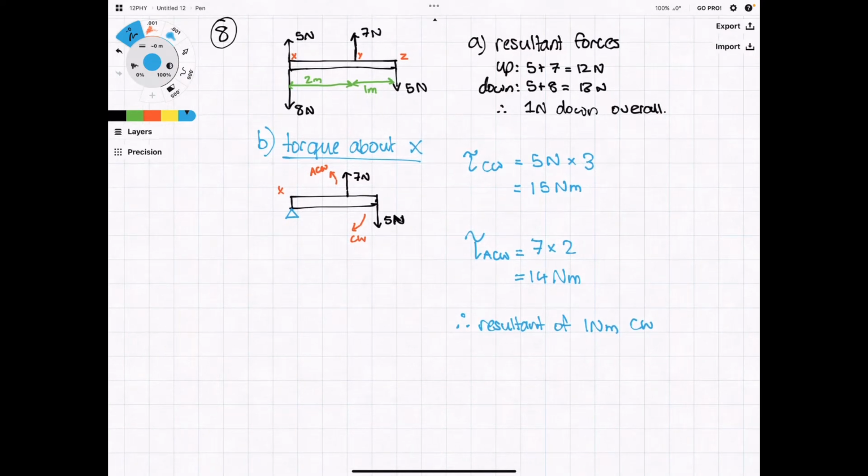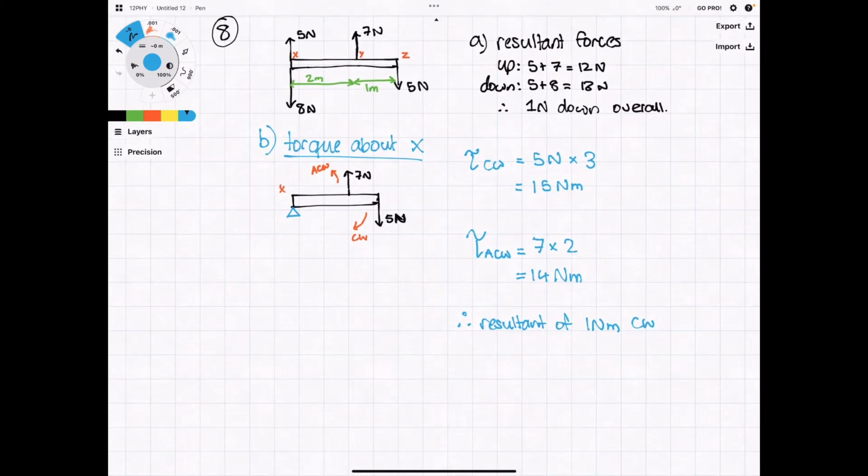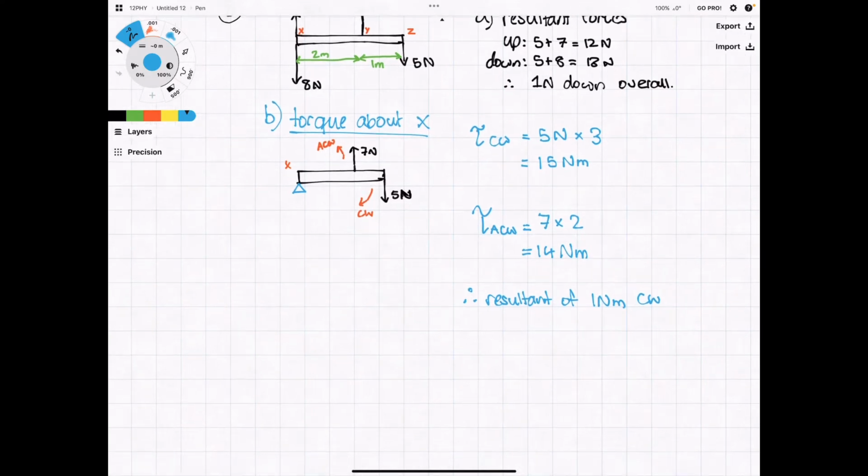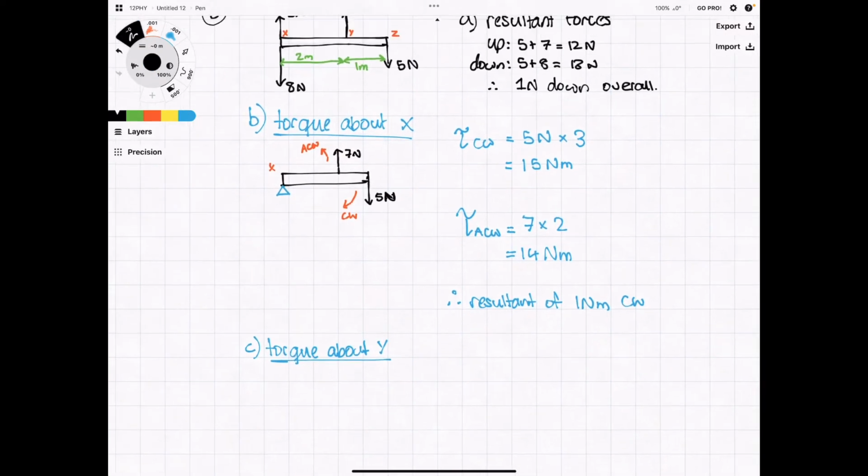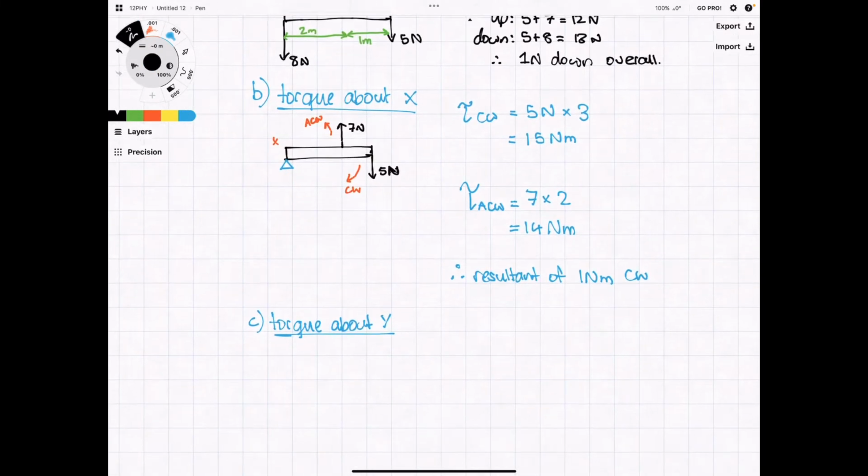All right, we can continue to do these same things for parts C. Talk about Y. Okay. Redraw the diagram and we'll understand which torques take us which directions. Okay.